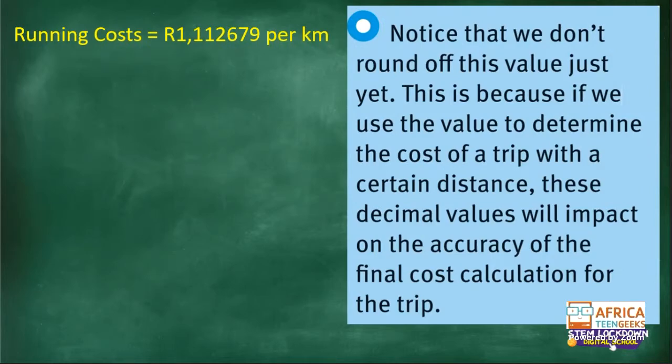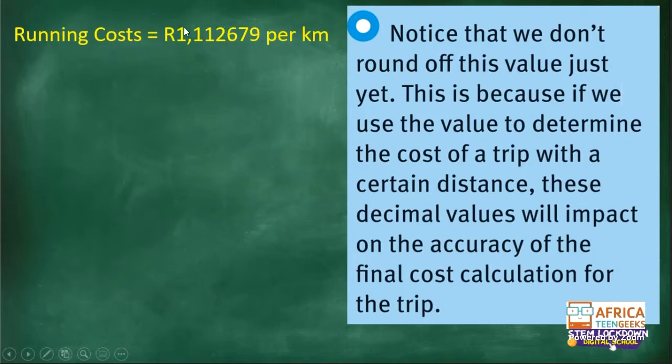But remember, if you are going to check the total cost of a trip, let's say a car that you have to drive from one place to the next, you don't have to round off this figure, 111.2679.